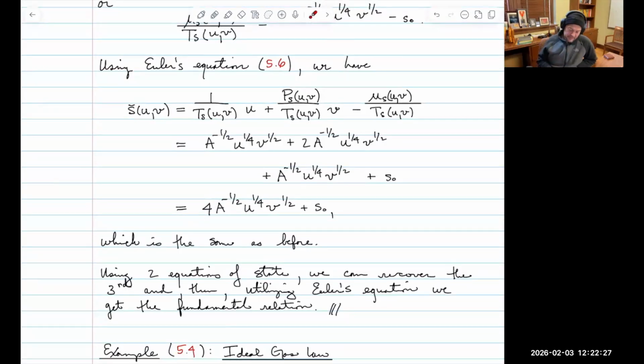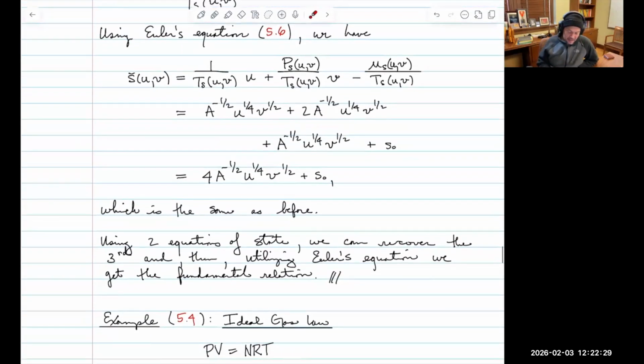So let's emphasize what we've done here, what we know. What this is saying is that if I have a thermodynamic potential like the internal energy or the entropy, and I know that it satisfies all the postulates, in particular that it's homogeneous of degree 1, and let's say it's a function of three independent variables u, v, and n, and I know two of the derivatives, then because it's a homogeneous function of degree 1, I know the third derivative.